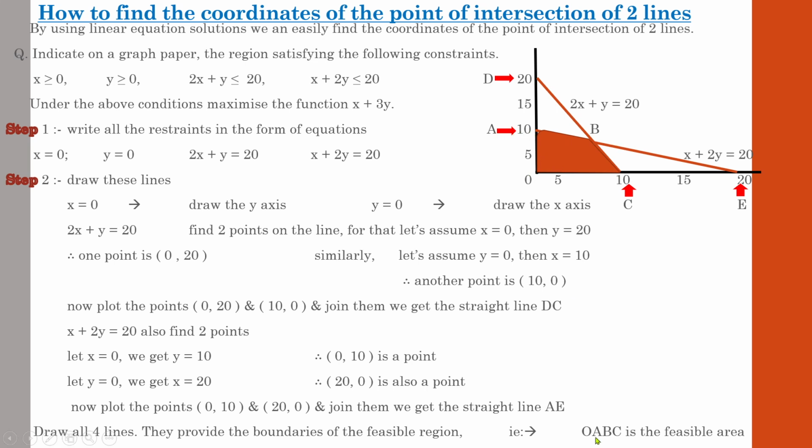A. O. After that A. After the A, next point is B. B. And finally it is C. So the points of the feasible region are O, A, B, C. So this is how you have to identify the feasible region. Once you identify the feasible region, next you need to use the maximization function x plus 3y equal to 20.